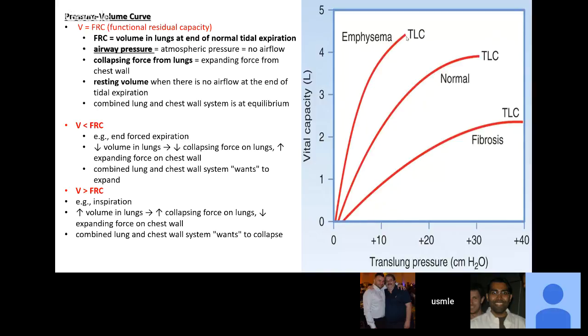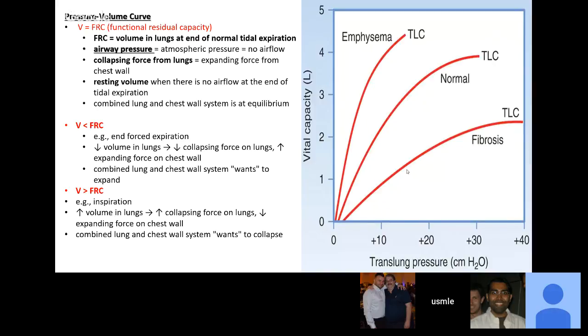Remember, hyperinflation on X-rays shows you that there is too much air inside the lung, but nothing is moving much. And there's not much pressure applied because the recoil and the elasticity of the wall of the alveoli are no longer there. That is the problem of emphysema, and this is how the graph is represented.